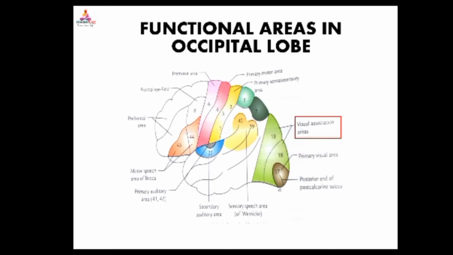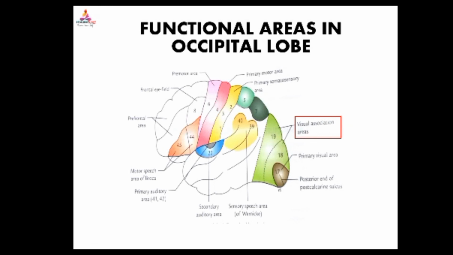Next is the secondary visual area or visual association area, the area 19 and 18. The secondary visual area surrounds the primary visual area and occupies most of the remaining visual cortex on the medial and superolateral surface of the cerebral hemisphere. This area receives afferent fibers from the primary visual area.